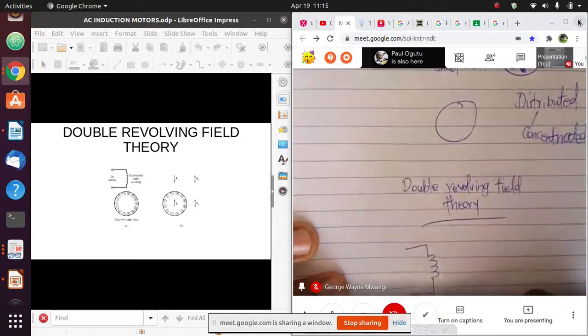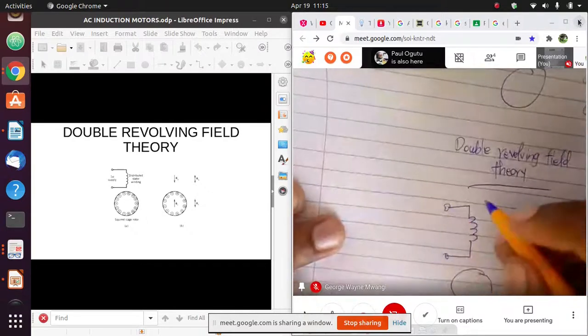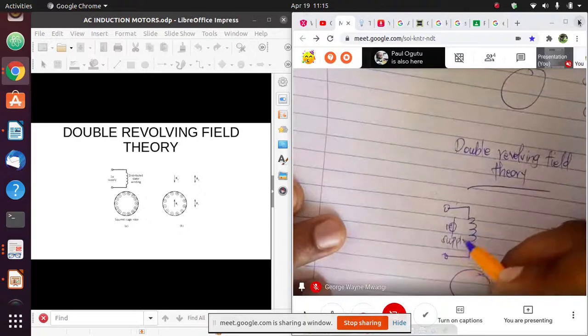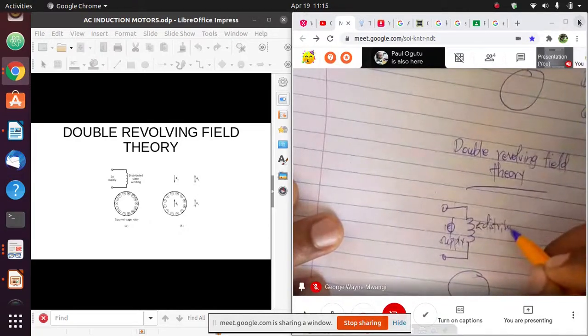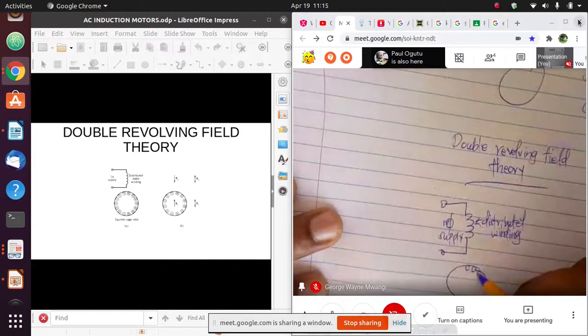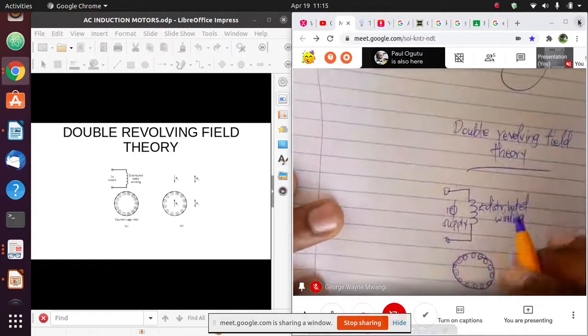So we have a single phase supply, and we have the distributed winding that is on the stator. This is the stator and this is the rotor.